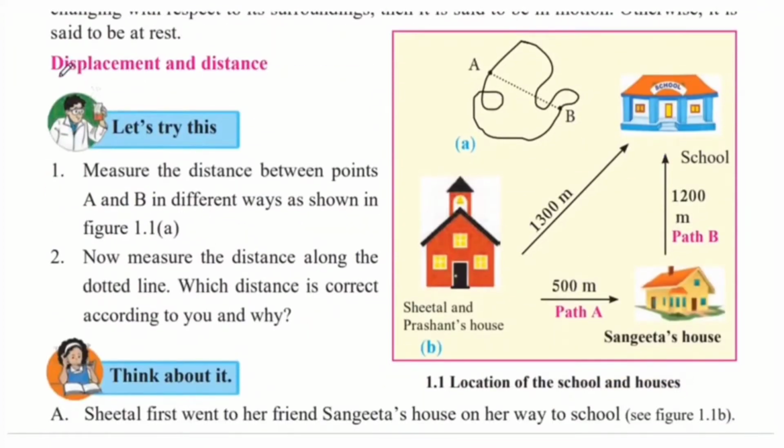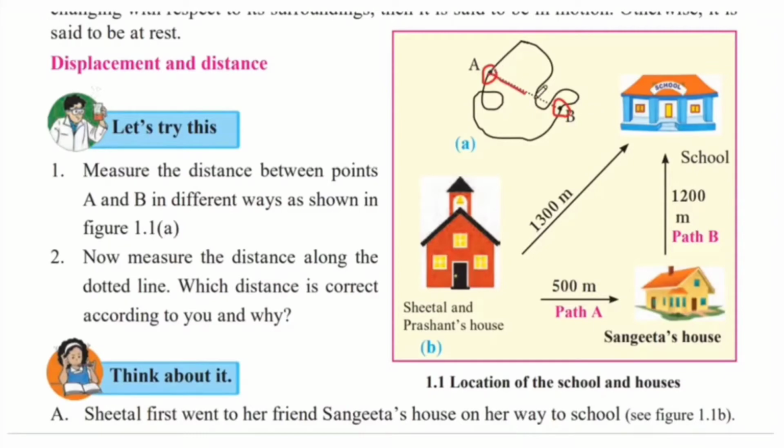Now we will study about displacement and distance. Let's try this. Measure the distance between points A and B in different ways as shown in figure 1.1. So this point A and this point B, we have to measure in different ways possible.